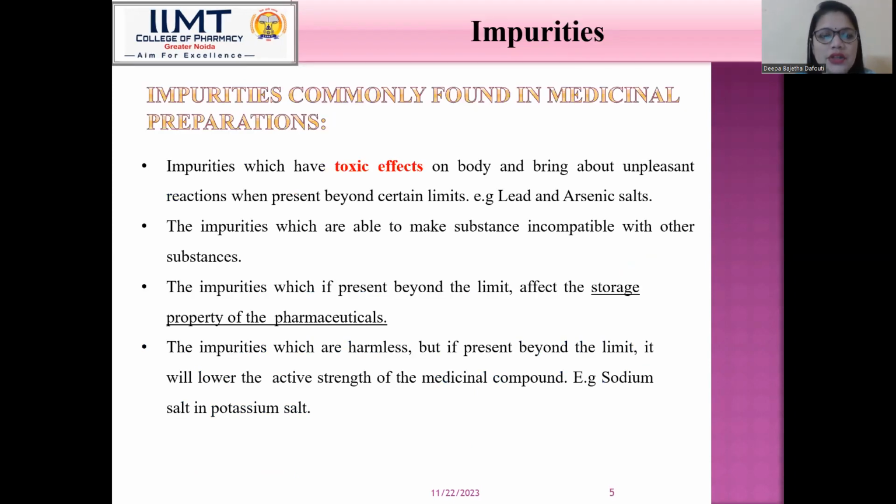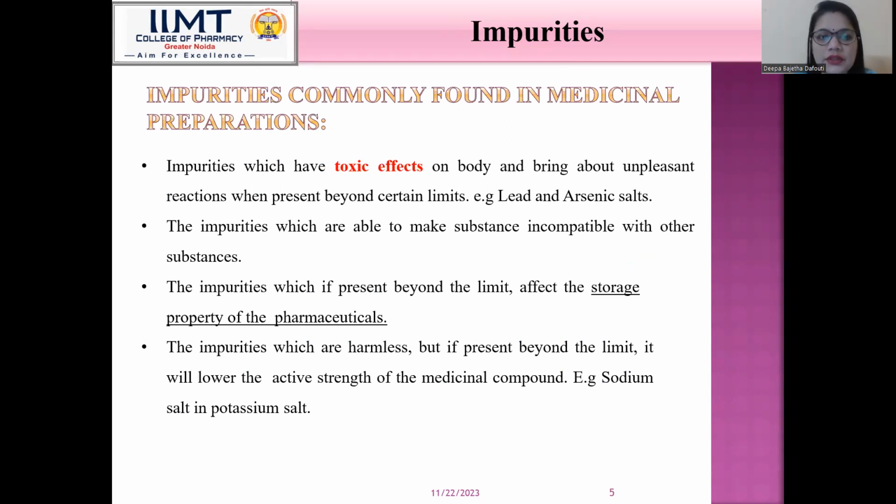Which types of impurities are commonly found in medicinal preparations? First, impurities which have a toxic effect on the body and bring about unpleasant reactions when present beyond certain limits, that is, lead and arsenic salts. Impurities which make the substance incompatible with other substances.